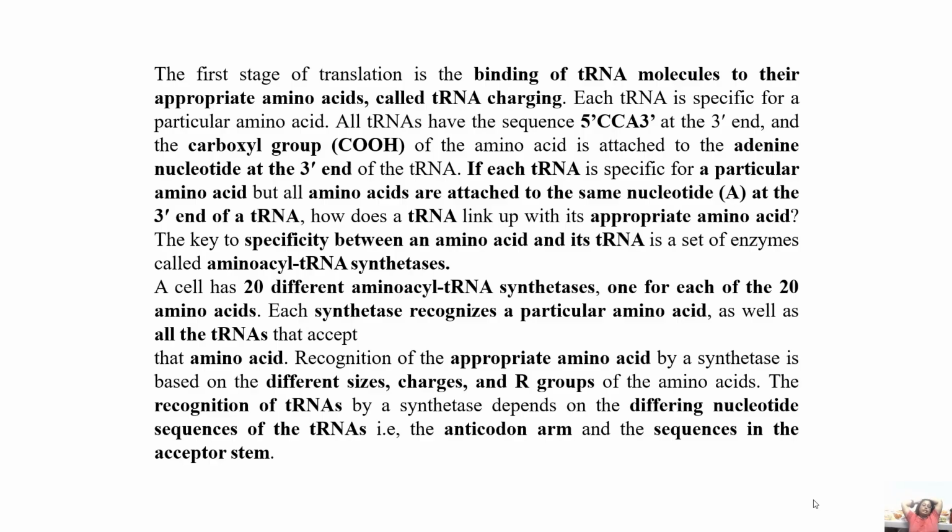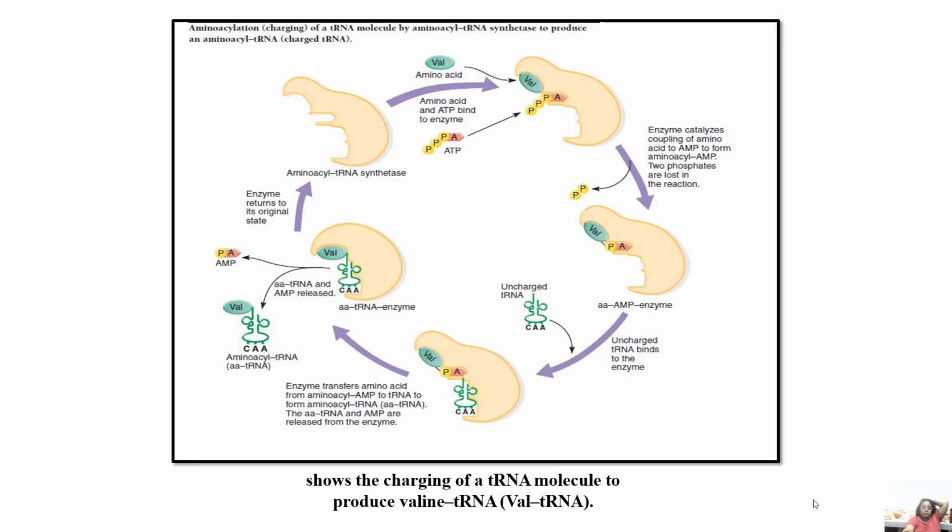The recognition of tRNAs by the synthetase depends on the differing nucleotide sequences of the tRNAs, that is, the anticodon arm and the sequences in the acceptor arm. This schematic shows the charging of a tRNA molecule to produce valine tRNA.